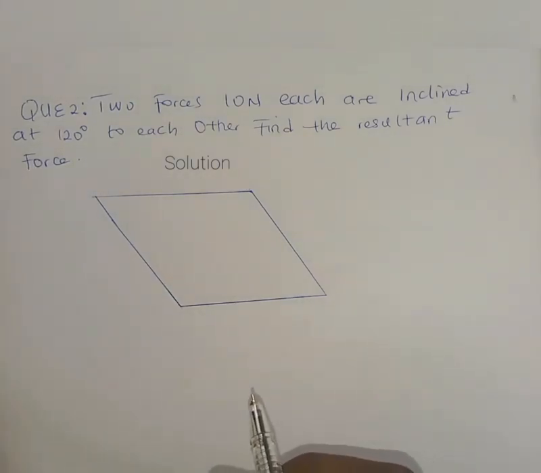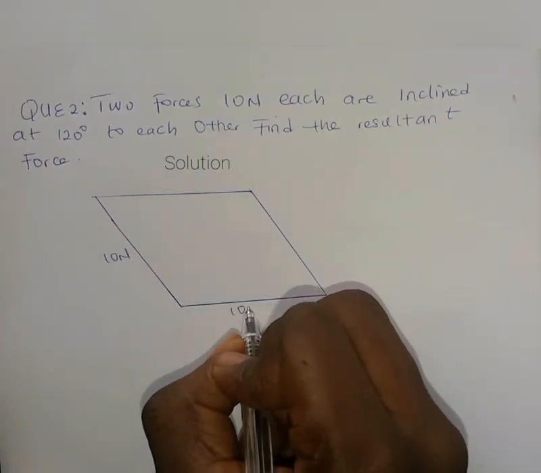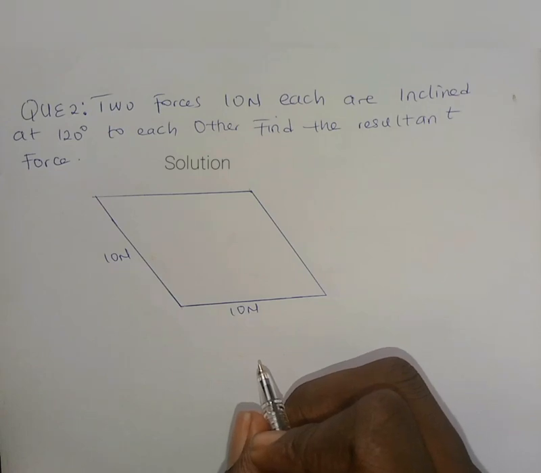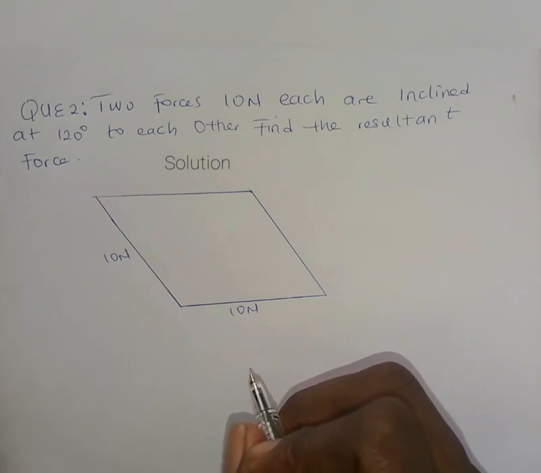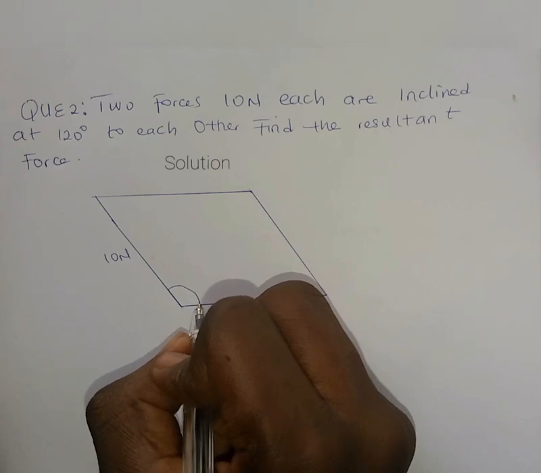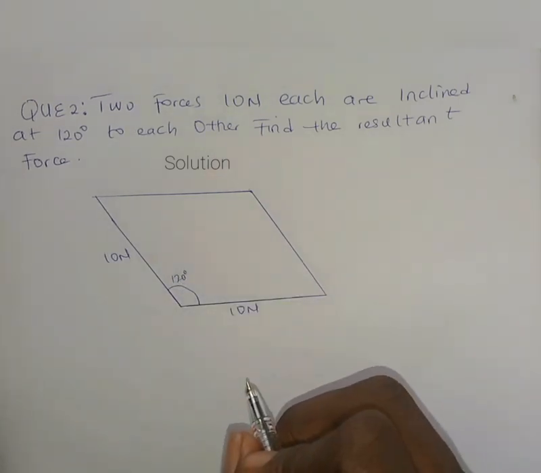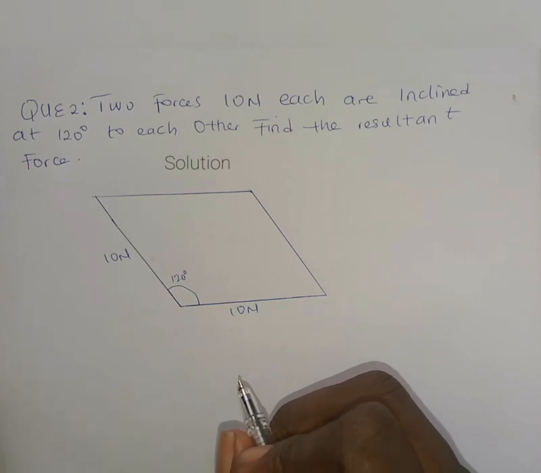Now we should read the question: two forces of 10 Newton each are inclined at 120 degrees. So 10 Newton and 10 Newton are inclined at 120 degrees to each other, meaning that the 120 degrees is between the two forces, which is this 120 degrees. Now find the resultant force.